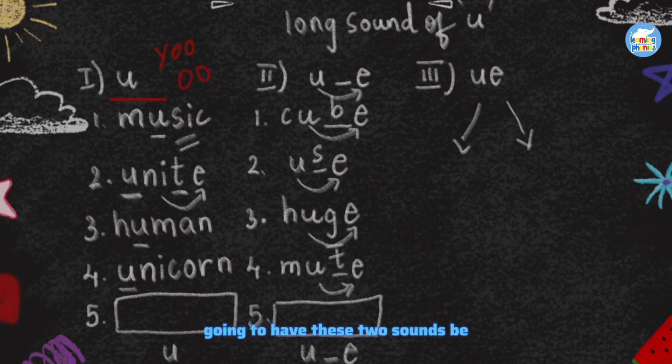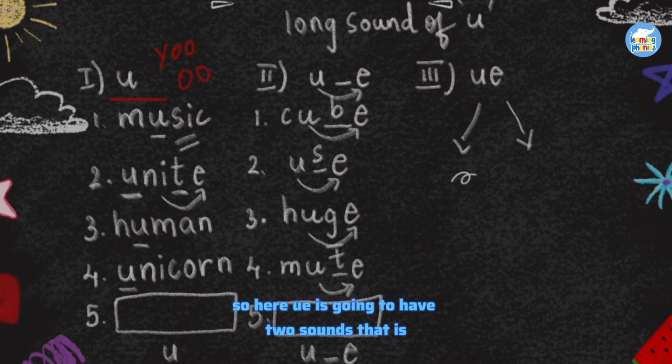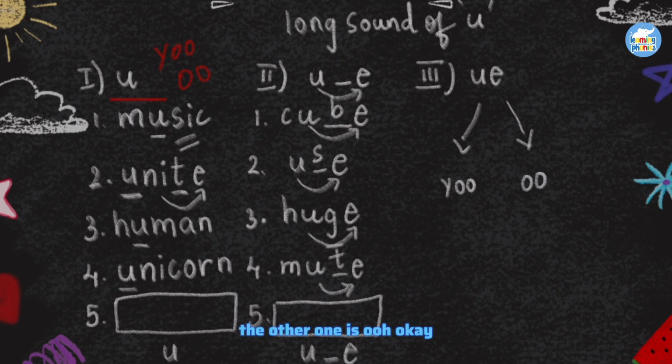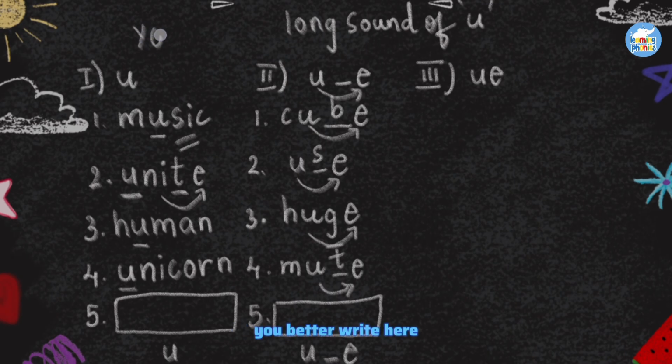Everything is going to have these two sounds, be that U consonant E, UE, or whatever we're going to learn. So here UE is going to have two sounds, U and oo.